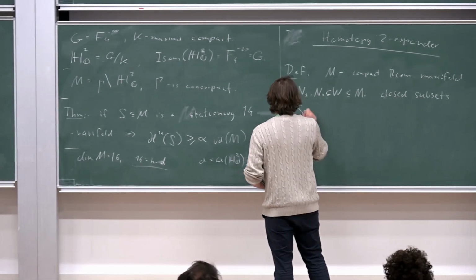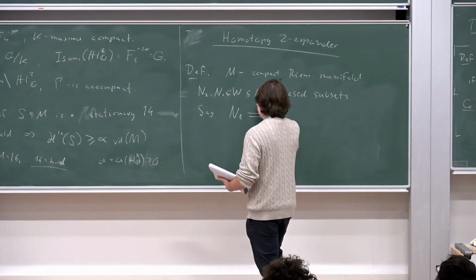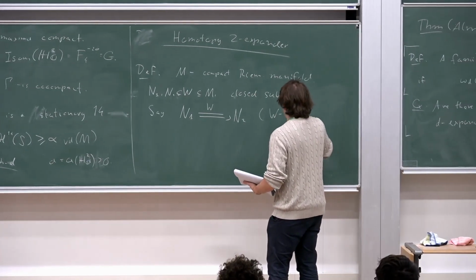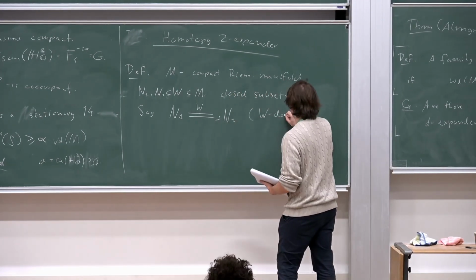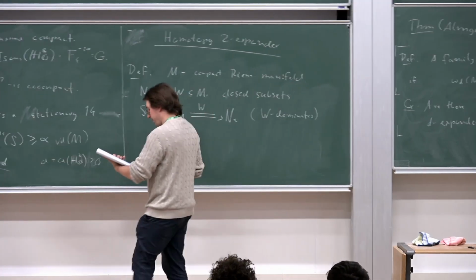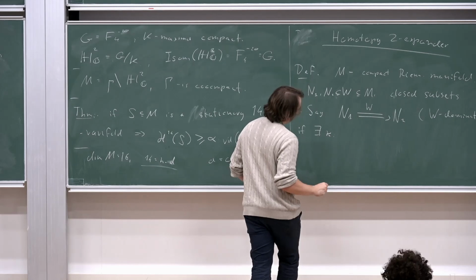And we say that N1 W-dominates N2, and we write it like this, if you can find a map kappa which makes the following diagram commute.